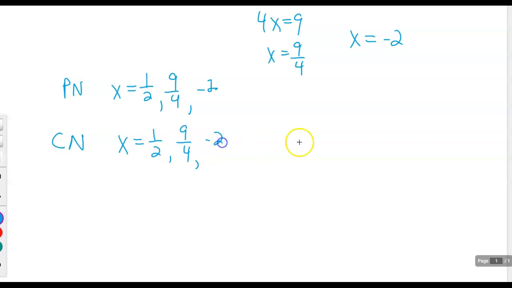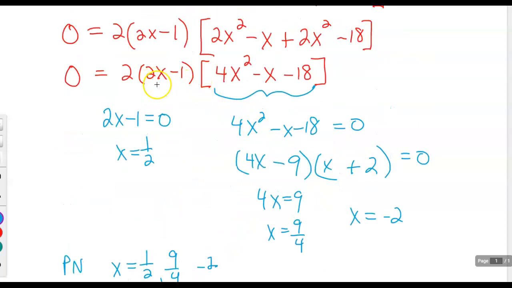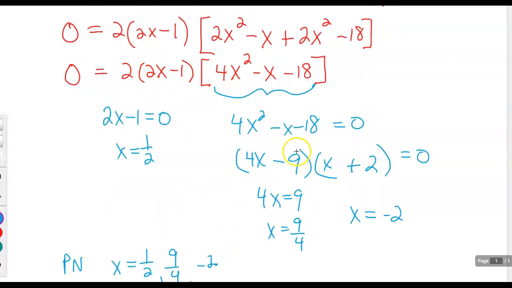And then if you make your sign chart for your derivative, the only thing I would suggest is putting it in the most simplified version. So let me get these here, and then I'll go grab the derivative. What I mean is, it might be easier to substitute these numbers into your factored derivative instead of the other version.